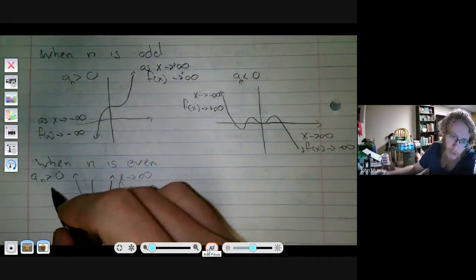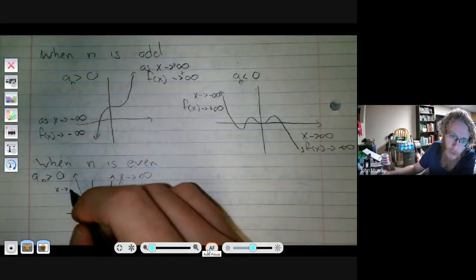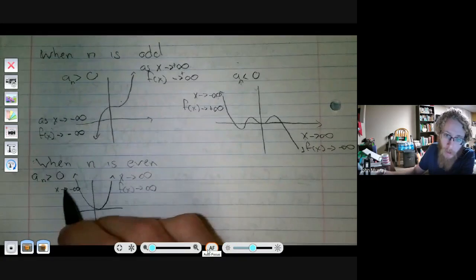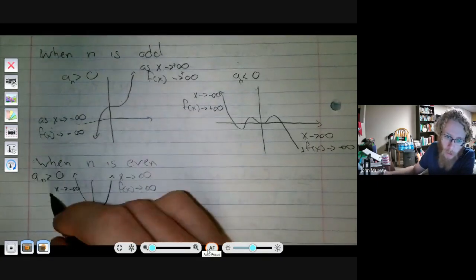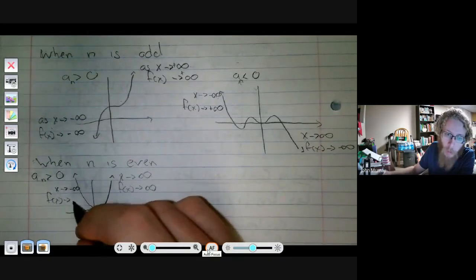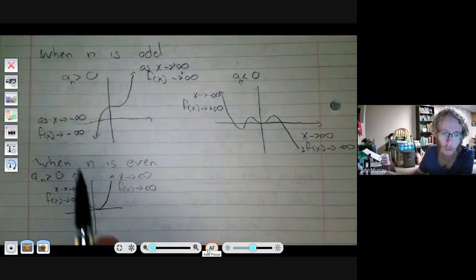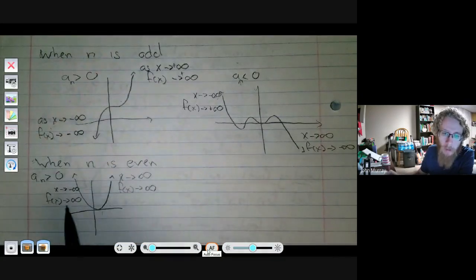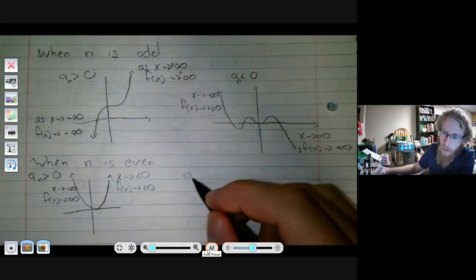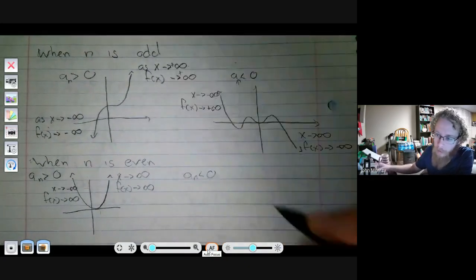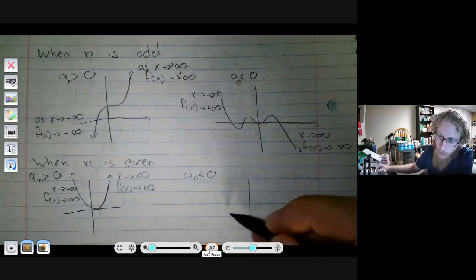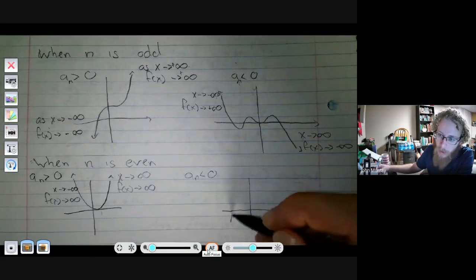And then on the opposite side, when x approaches negative infinity, okay, this is where it changes. f of x will approach positive infinity. They're both going in the same direction. All right, and then the last one, when we have a negative leading coefficient, okay, that's going to flip us upside down.